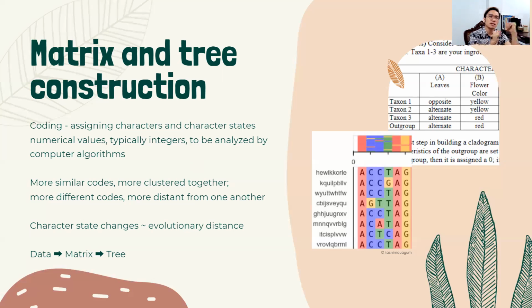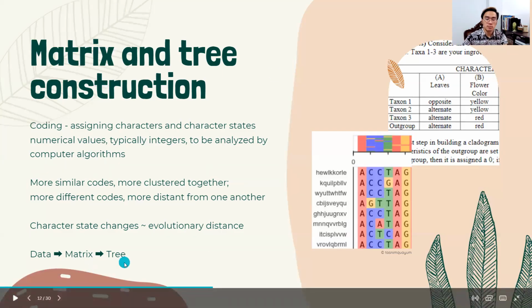That means that those differences in character states that we interpret as changes through time may also be treated as the distance of similarity or dissimilarity across these OTUs through time. And essentially, that's what we call evolutionary distance: how close or how far OTUs are going to be from each other based on the character state changes that happened throughout their evolutionary past, which we essentially consolidate into a matrix, specifically a coded matrix.